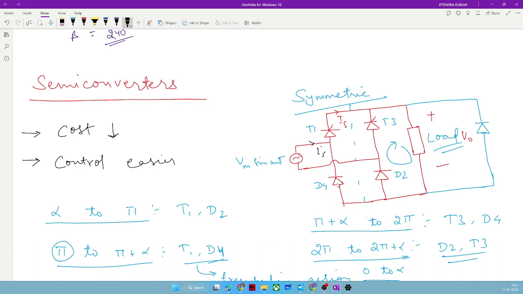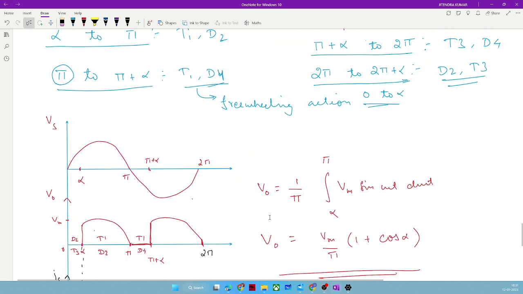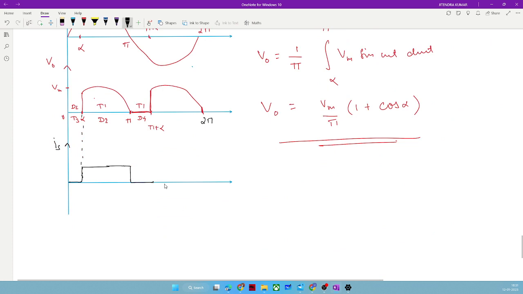D4 is connected to this side and the current will come from this positive terminal. So the direction of current is getting reversed, and I am inverting the sign of the magnitude. So it will be minus I naught here, and I naught from alpha to pi, minus I naught from pi plus alpha to 2 pi.